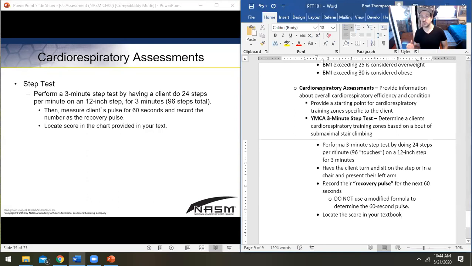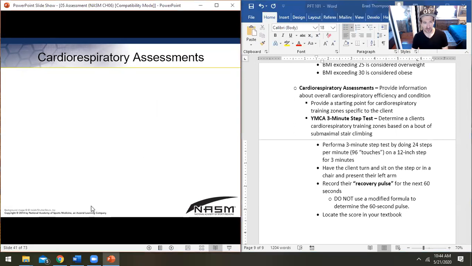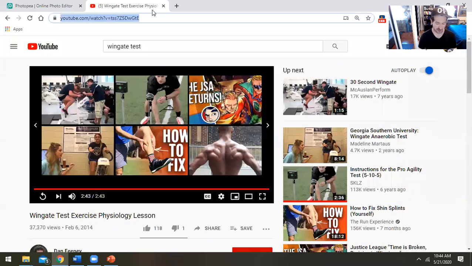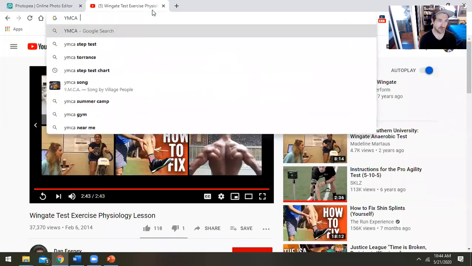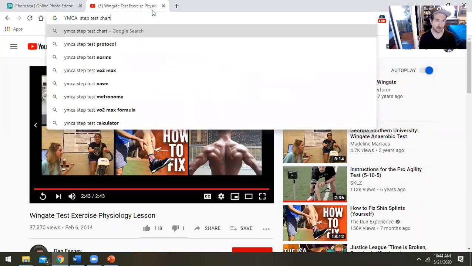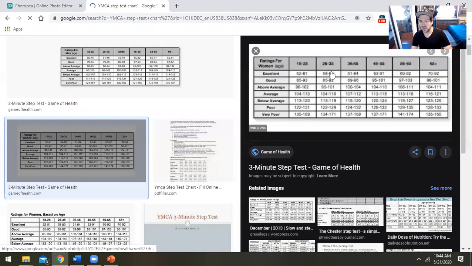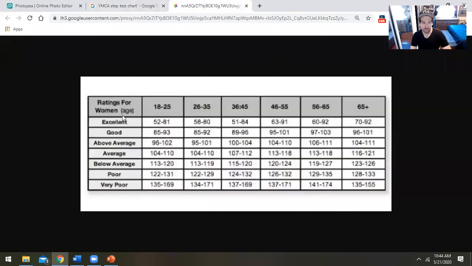Once you have gotten it and their pulse is slowly falling back down, you're going to look at what those scores are. So let's take a look here. Let's say your client is 35 years old, she's female, and her recovery pulse was 98.